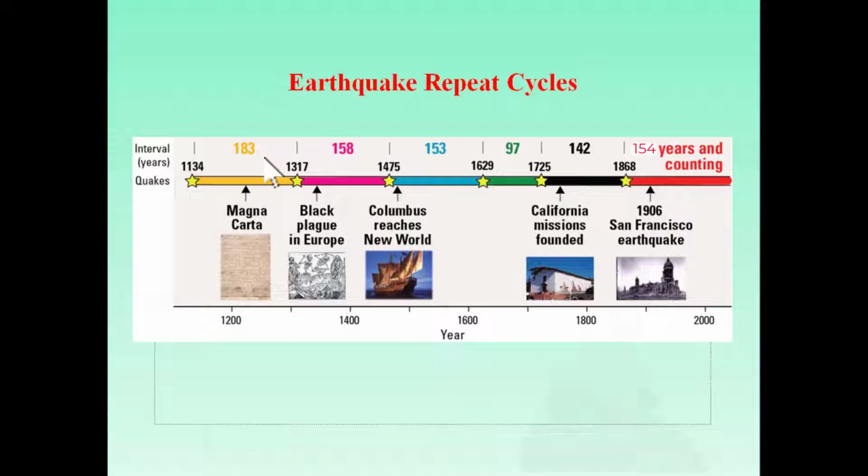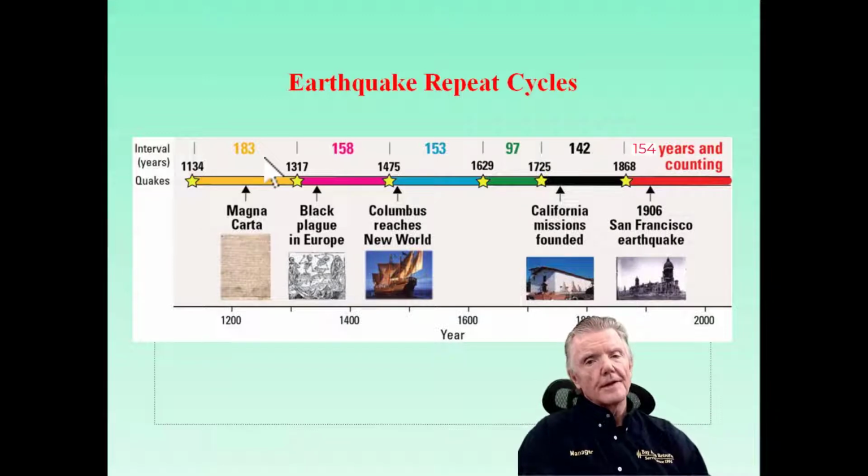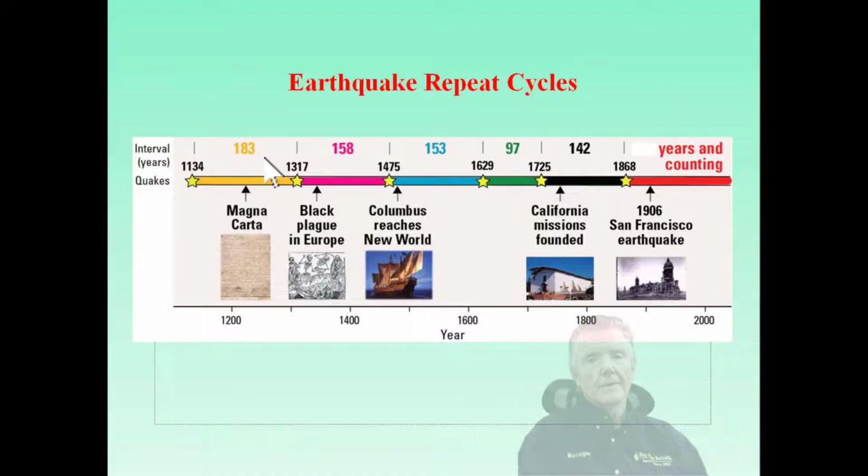So that's why we're really pushing the maximum time span between large earthquakes historically. And this is just something that we really need to know, because looking at this graph, the probability of a large earthquake occurring in my lifetime and in your lifetime is quite high.